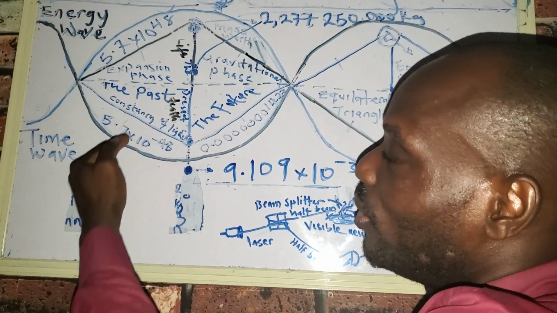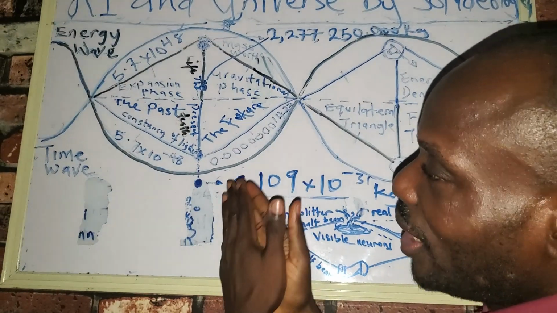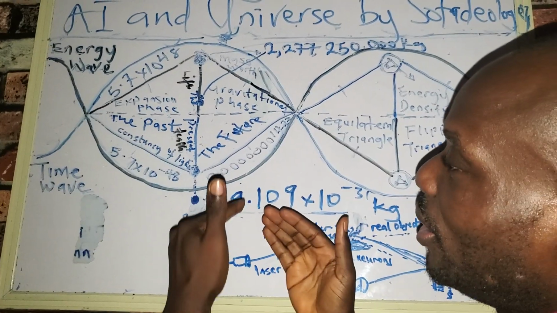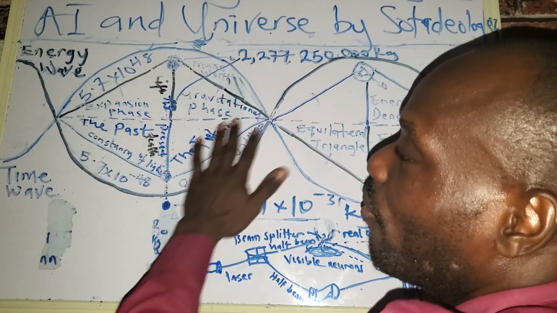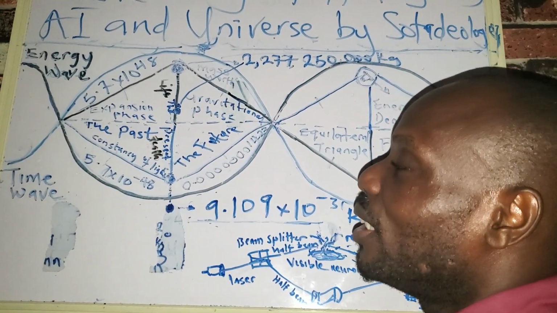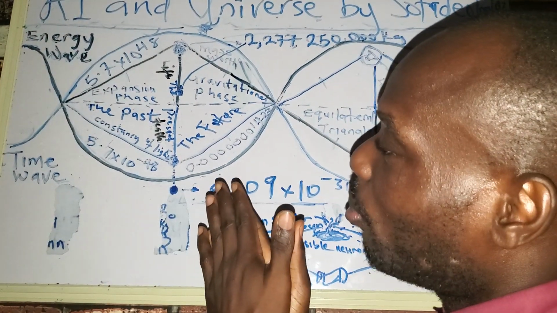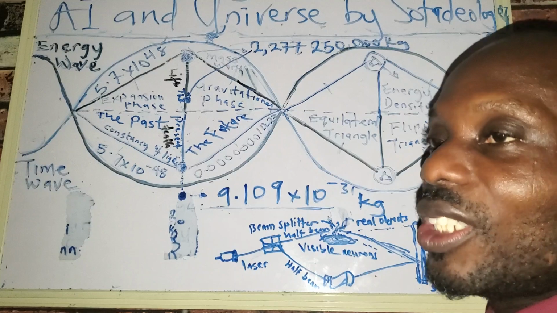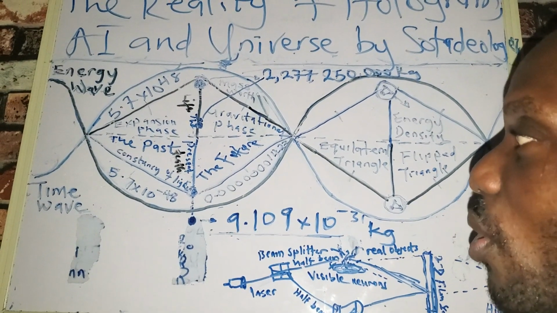We have the electron in the system, but the electron in this system is spread across, and that is why we have a field in this whole system. It's spread such that we are unable to get its real mass worth, you understand?